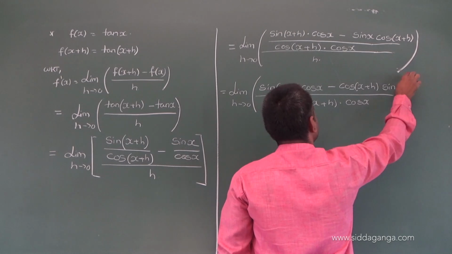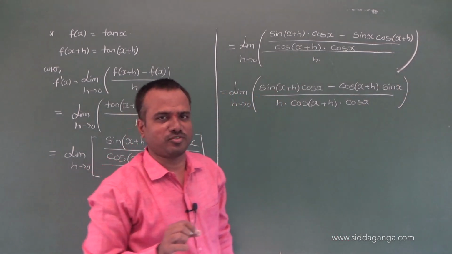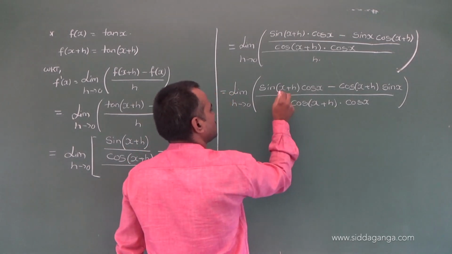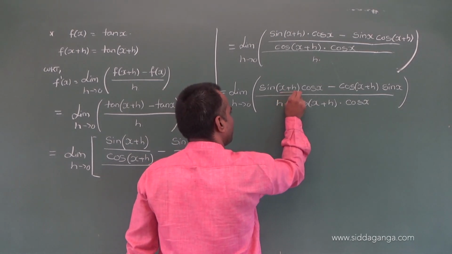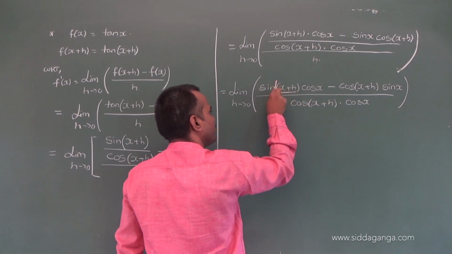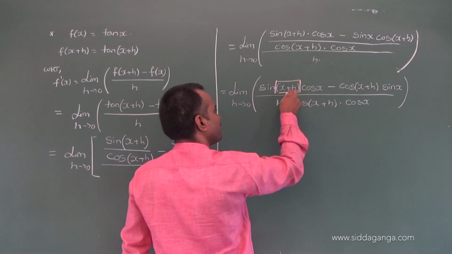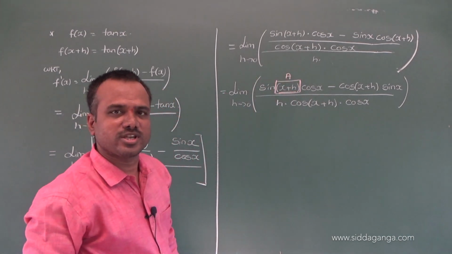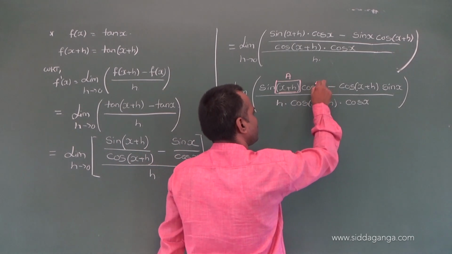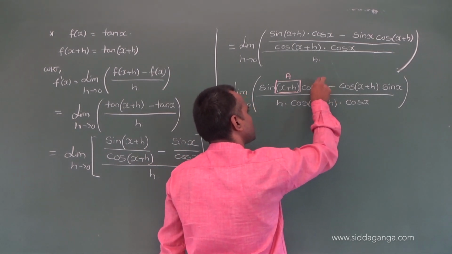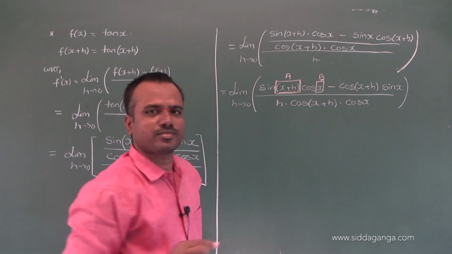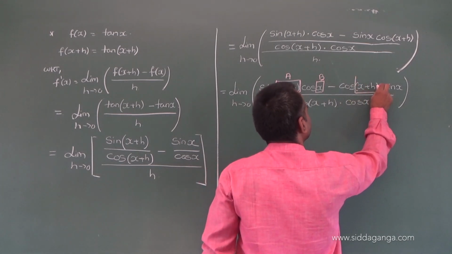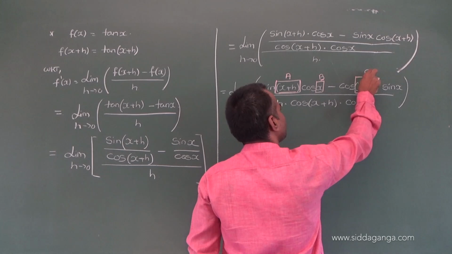Why do I write like this? See the result carefully. This x plus h term I call A, and this x alone I call B. Then here also, this is A.